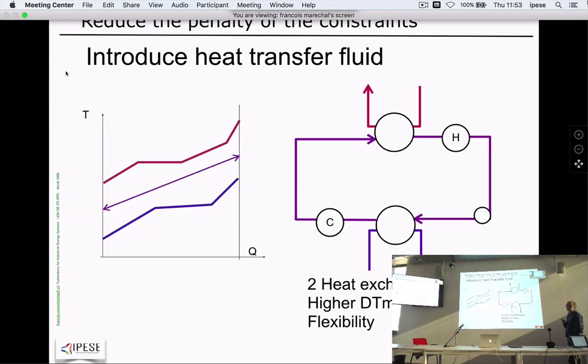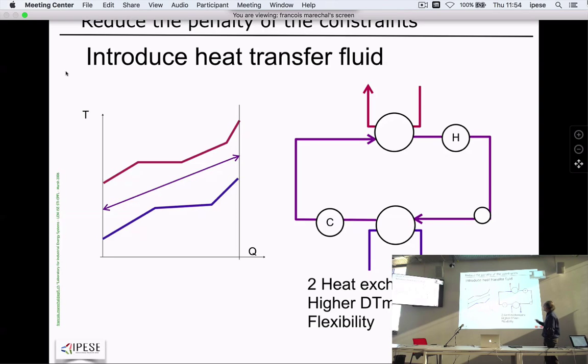But there is another advantage. I can add a heater on this loop, and I can add a cooler on this loop, which means that I can have a higher flexibility in my system. Because now the heat load here is not necessarily binding the heating of this one.